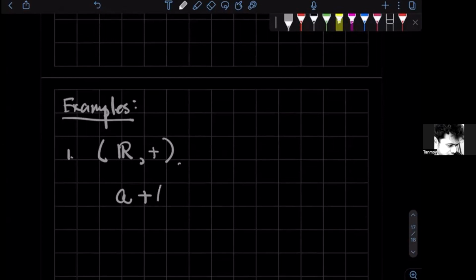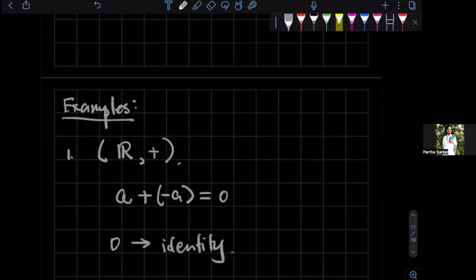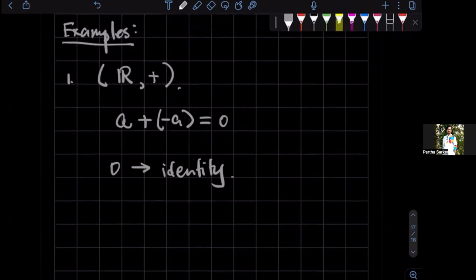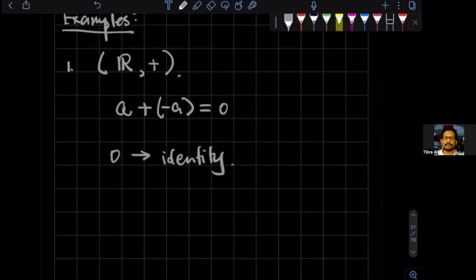Minus A. So that means that 0 is the identity element. Very good. And of course, we know that real number addition is associative. So is this a commutative group, or is it an abelian group or non-abelian group? Abelian group. Yeah. Right, so that was easy.